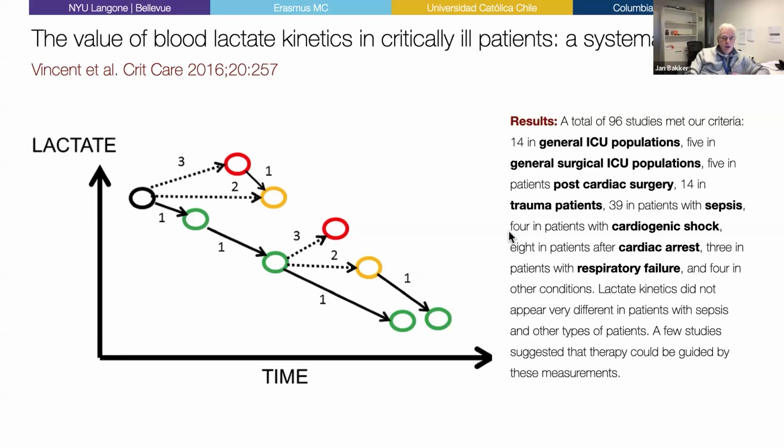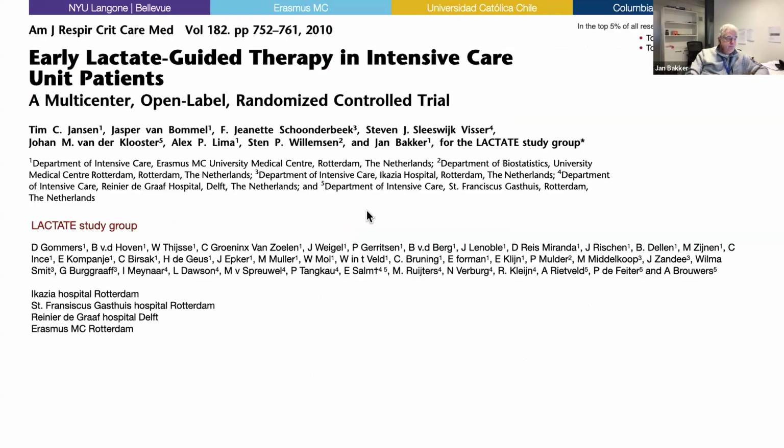And in general, in almost any population, so he had general ICU, surgical, post-cardiac surgery, trauma, sepsis, cardiac arrest, respiratory failure, cardiogenic shock. If lactate decreases, that's a good sign. If lactate increases or does not improve at all, no change over time, bad sign. And so having an increased lactate is bad. If it starts to decrease, that's at least a good sign.